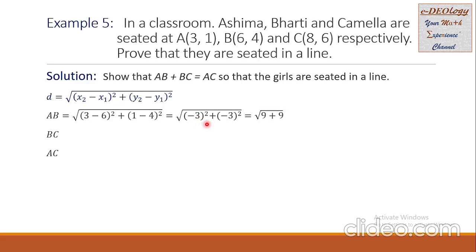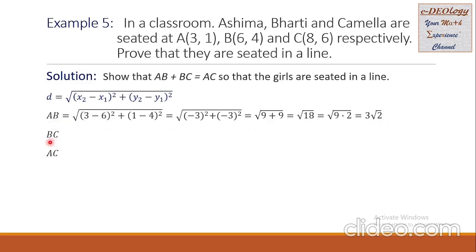Negative 3 squared is 9, plus negative 3 squared is also 9. 9 plus 9 is 18, and we can simplify this into 9 times 2. This 9 is a perfect square number that we can pull out outside the radical sign. So we have 3 square root of 2 for the length AB.